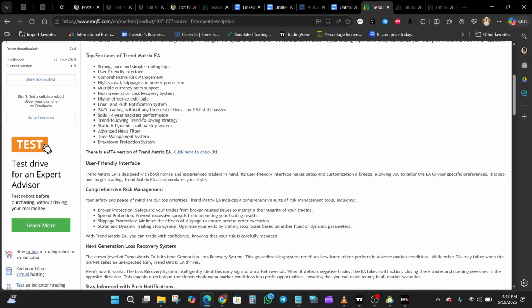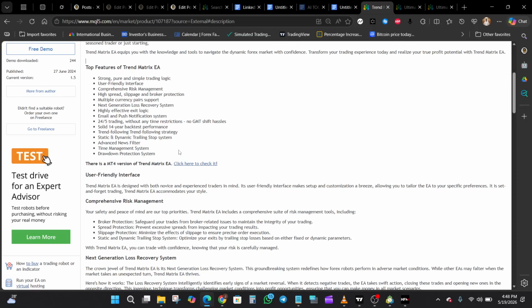All right. Now, moving further, I can also see additional features like the news filter, the time management controls, trailing stop systems, and notification alerts. These tools mainly help with trade timing, exit management, and keeping the user informed about EA activity without constantly monitoring charts.